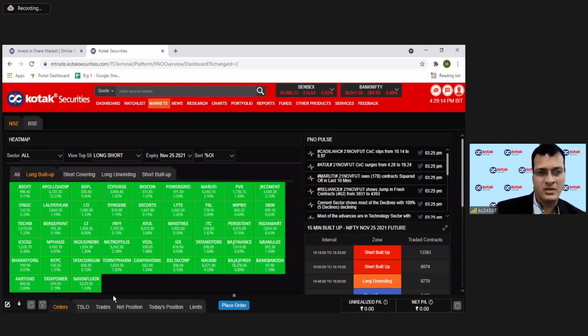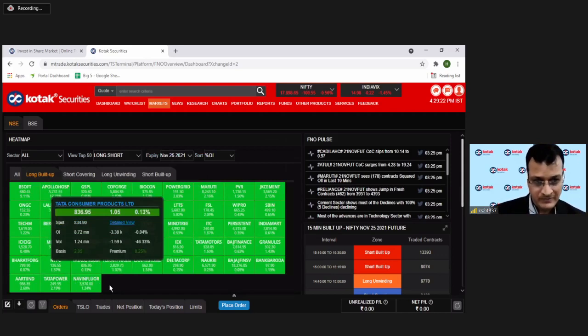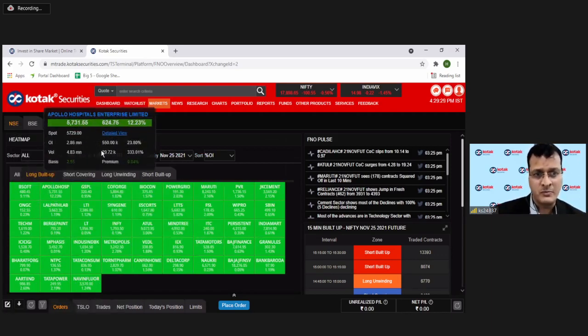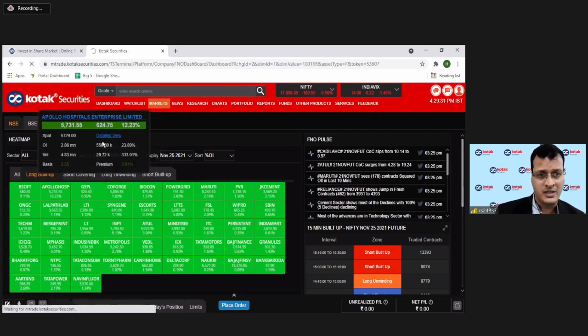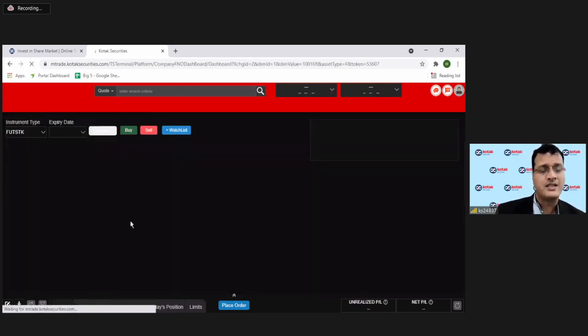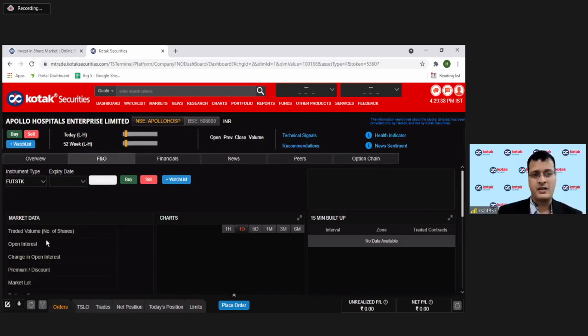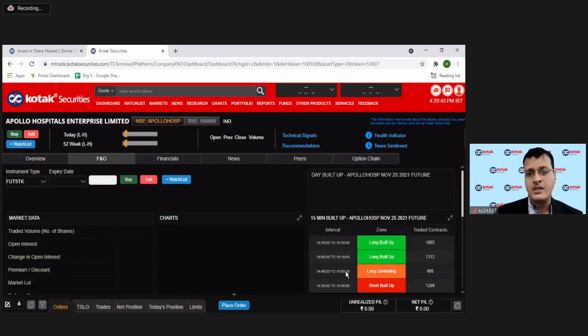You can assume, there is no fixed guarantee as such, but you can assume that the stocks may go up tomorrow. And in case you want to see a detailed view of any specific stock, suppose Apollo Hospitals, I just need to click on detailed view, and you will see market data, traded volume, number of shares, open interest, change in open interest, premium, charts, 15 minutes build up chart, and so on and so forth.